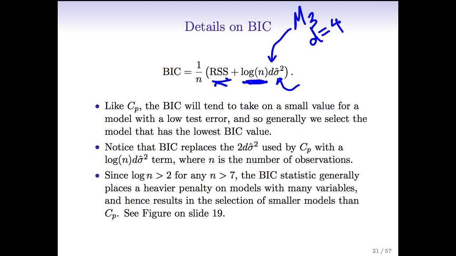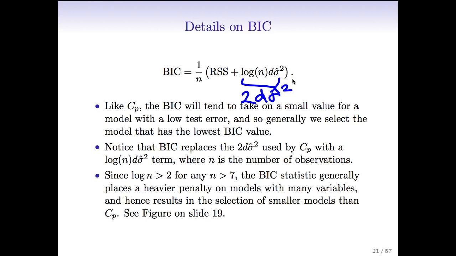So what's the difference between BIC and AIC? Well, remember, AIC would look just like this, but in AIC, this term was actually 2d sigma hat squared, right? So the only difference between AIC and BIC is the choice of log n versus 2. BIC has this log n here, and AIC has a 2.